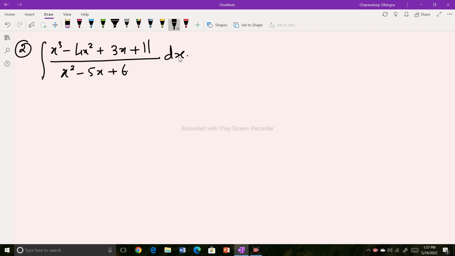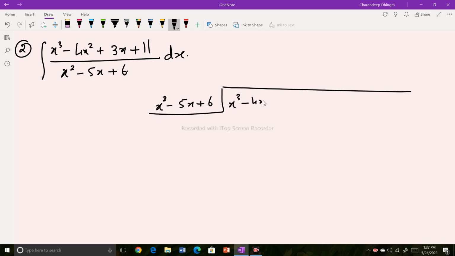Now we can clearly see degree of numerator is greater. Okay, so what we'll do is we'll do long division. The dividend will be, the divisor will be the denominator. This is your dividend, that is x cube minus 4x square plus 3x plus 11. Now just do long division.